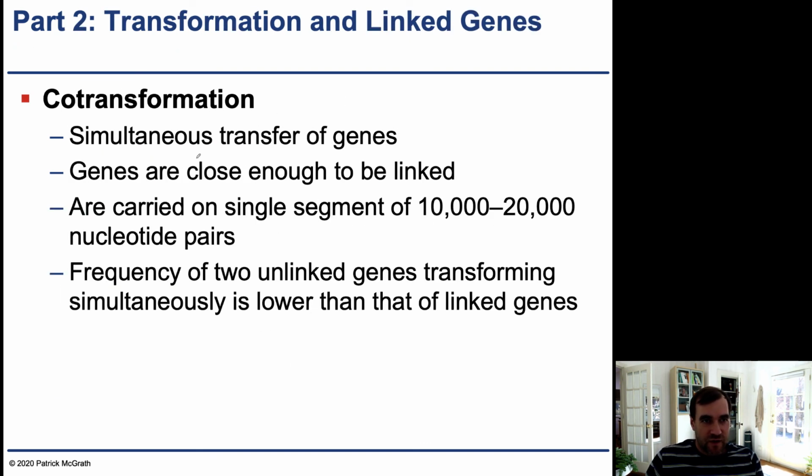And finally, co-transformation. Co-transformation is the idea of simultaneous transfer of genes. If genes are close enough to be linked, they are carried together on a single segment of 10,000 to 20,000 base pair pieces of DNA. So how frequently two genes are transformed together is kind of like a process of mapping.